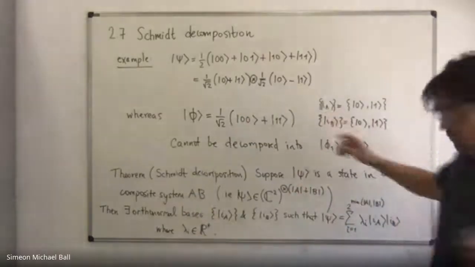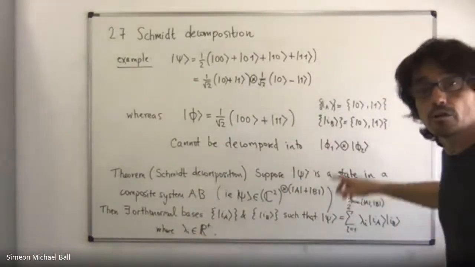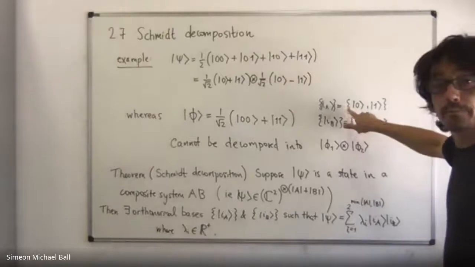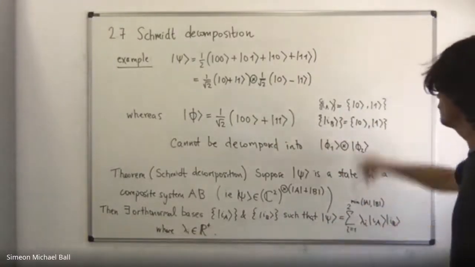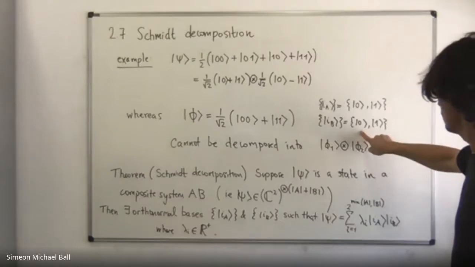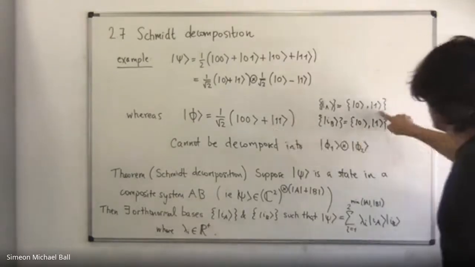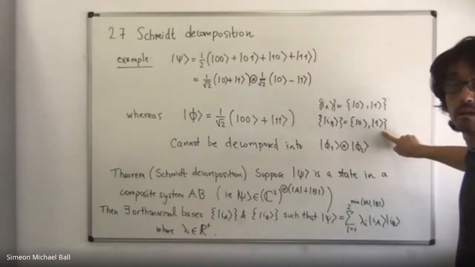And then you go through the sum 1 over root 2, 0, 0, plus 1 over root 2, 1, 1. Okay.